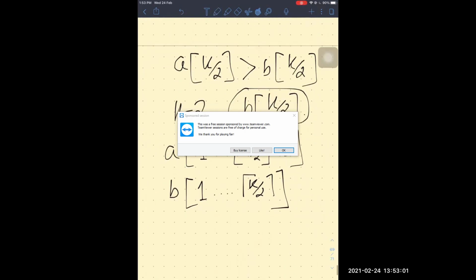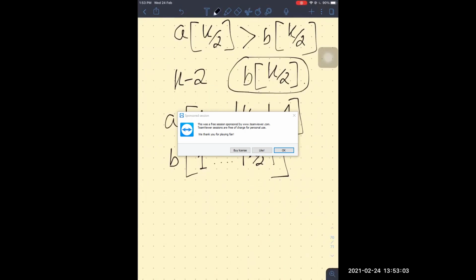Okay, so I'm sorry, what happened to that k minus 2? Yeah, so if A[k/2] is greater than B[k/2], then we can say that in the union of A and B, there will be k minus 2 elements that are smaller than B[k/2].